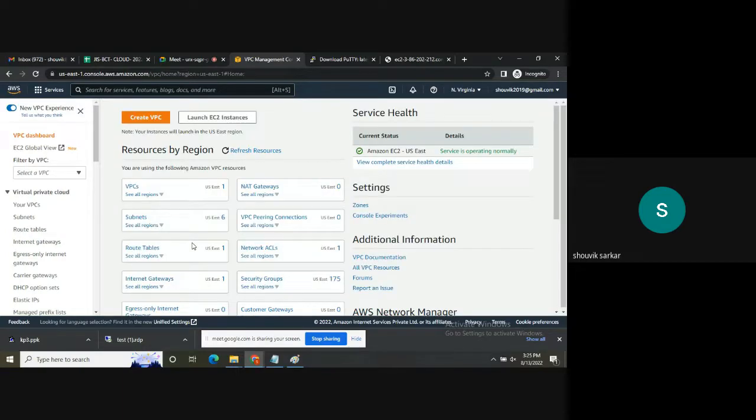When we create our virtual private cloud, we need to mention these things.